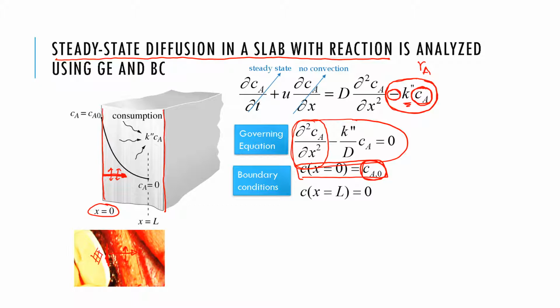The other boundary condition is this one: concentration at x equal to L, some distance L here, concentration is 0. As the species is diffusing and it's being consumed, it can happen that at some location the concentration becomes 0. So that's my other boundary condition.